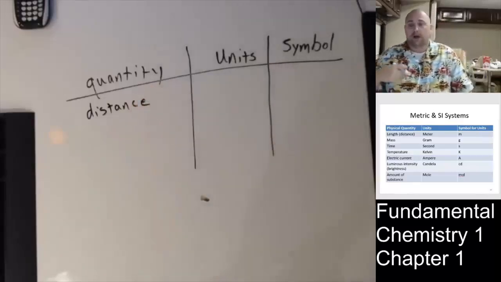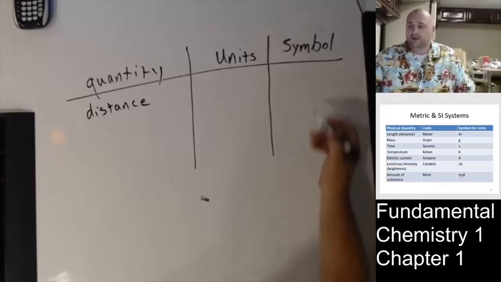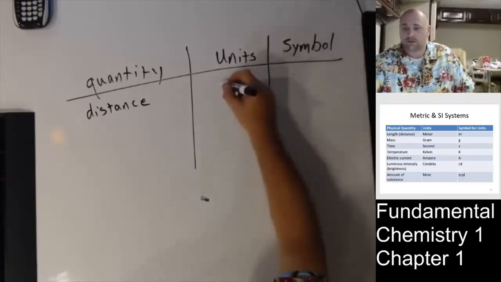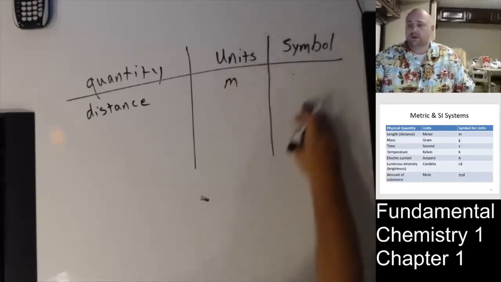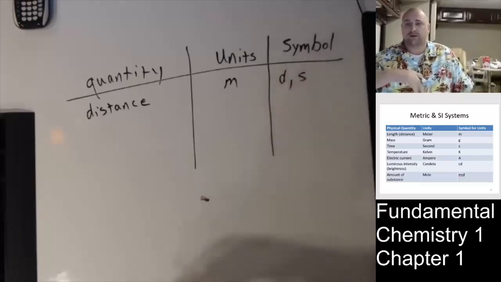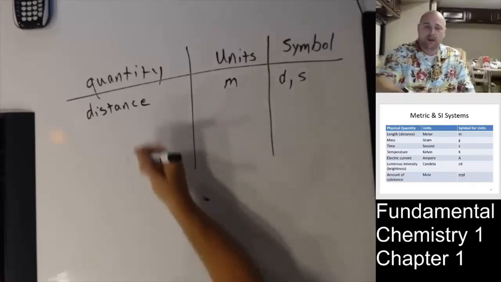All right. And so distance a lot of times has an M for the symbol for it. The symbol for distance is either D or S, depending on what book you're in. All right.